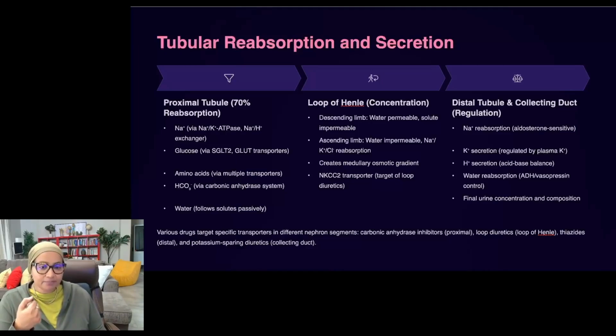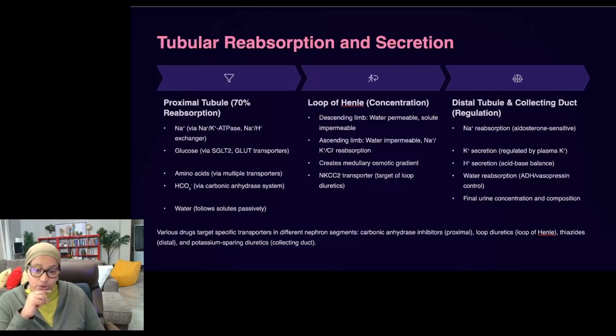The ascending limb is the reverse, water impermeable, but it continues to do sodium potassium chloride reabsorption. The movement of sodium, potassium, and chloride actually creates this medullary osmotic gradient, the interstitial environment that I talked about earlier, which is high in solutes, and it's maintained by the function of this loop of Henle.